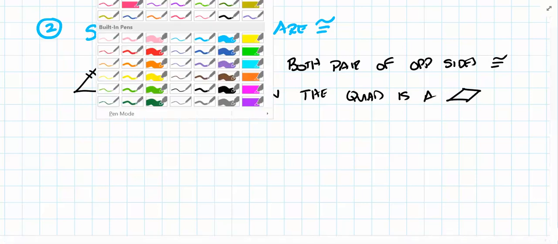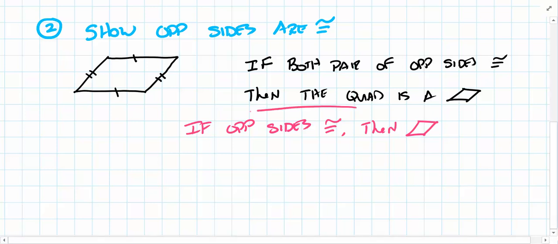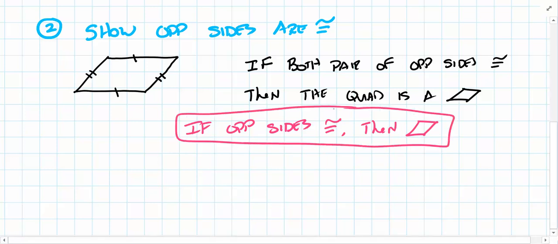So then what do we say in the proof? This is what we say in the proof. We say if opposite sides congruent, then parallelogram. That's what we say in the proof. So the second way to show that a quadrilateral is a parallelogram is to show that opposite sides are congruent.